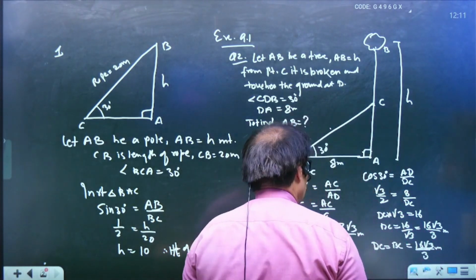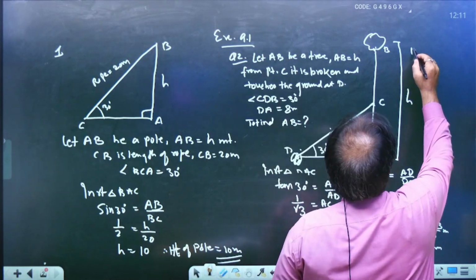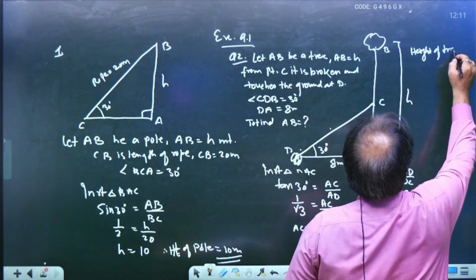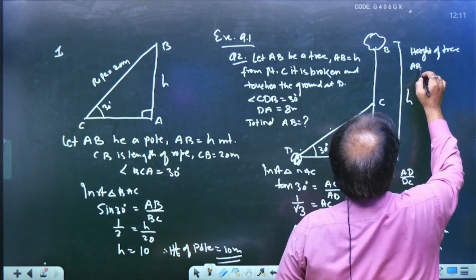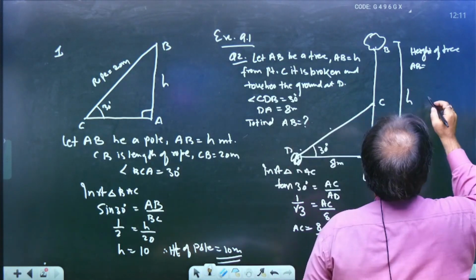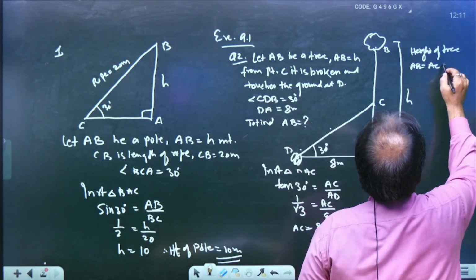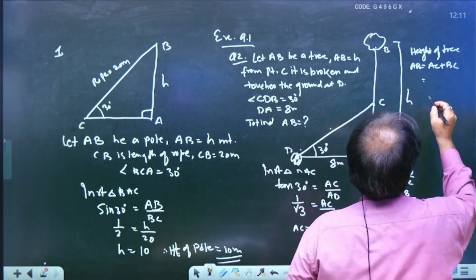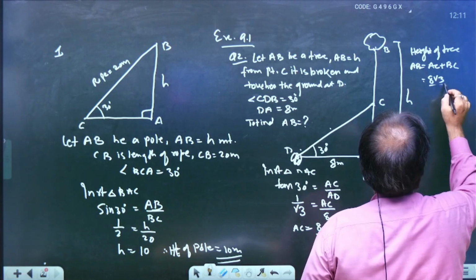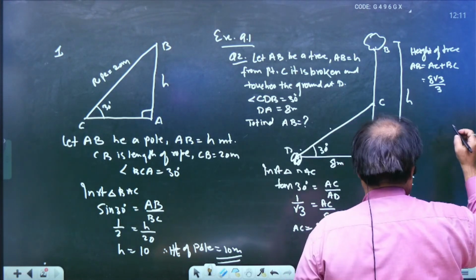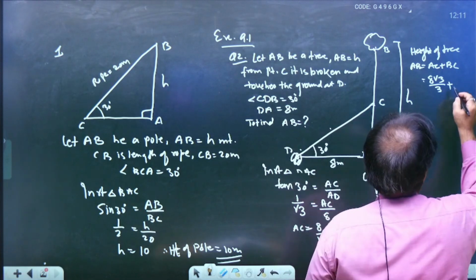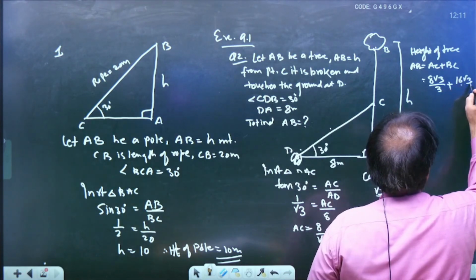Okay, so therefore height of tree AB is equal to AC plus BC, and the value of AC we have already calculated, 8 root 3 by 3, and the value of DC which is equal to BC, this is 16 root 3 by 3.